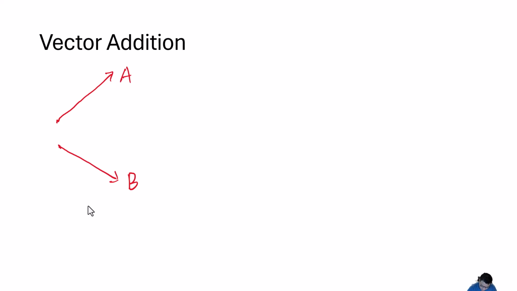Again, this is just a refresher of your previous mathematics knowledge. I believe most of you, or all of you, have learned the parallelogram law in your previous classes. So how does the parallelogram law work? That's a law we need to use for vector addition.